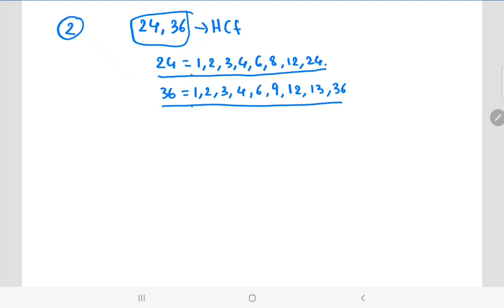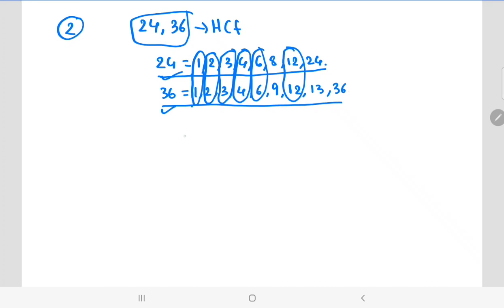The second step is, you need to circle the common factors. 1, 2, 3, 4, 6 and 12 are the common factors of 24 and 36.